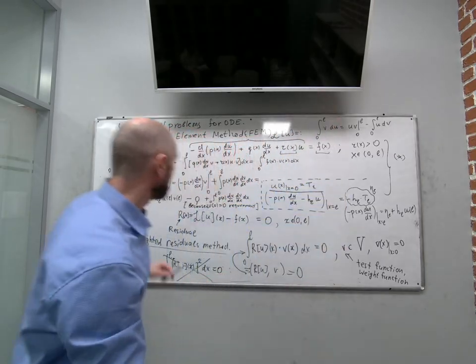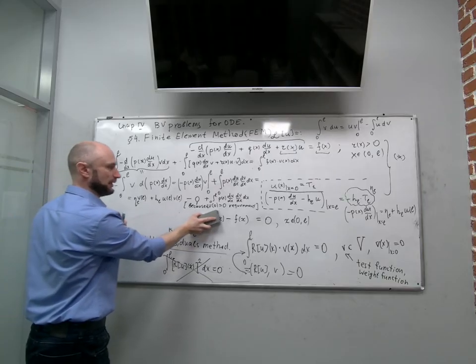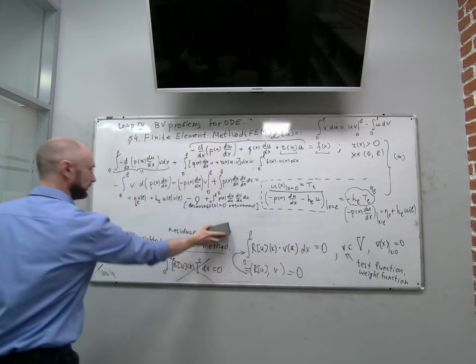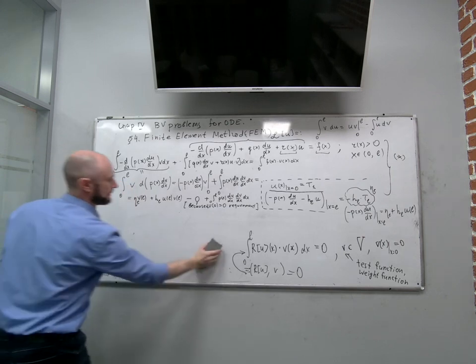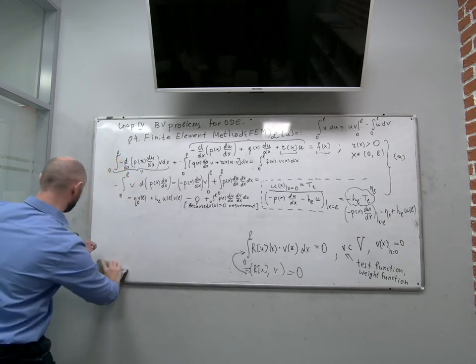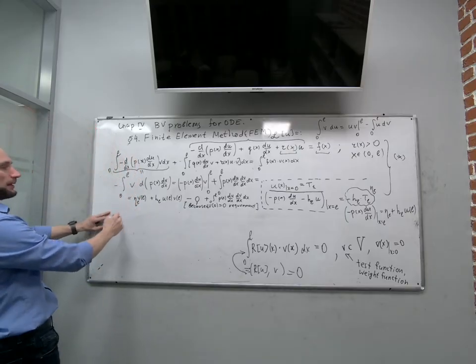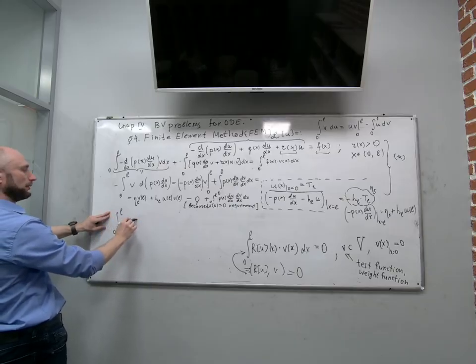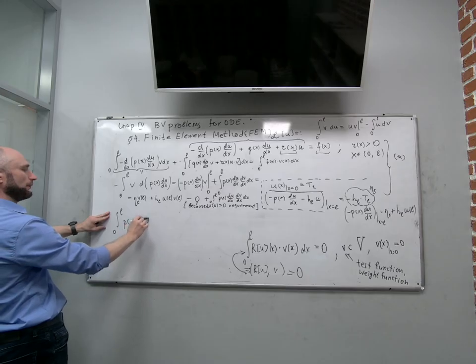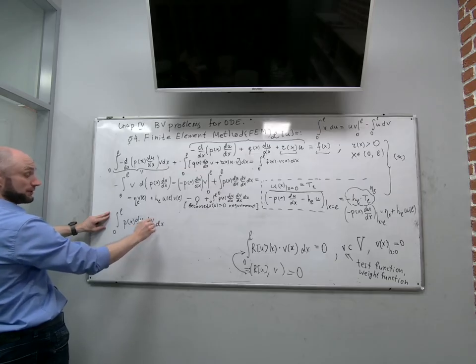Okay, so let us write the final equation that we obtained. Okay, so what we have? First we have this integral involving the derivative of our unknown function and the derivative of our weight function, which is actually known.